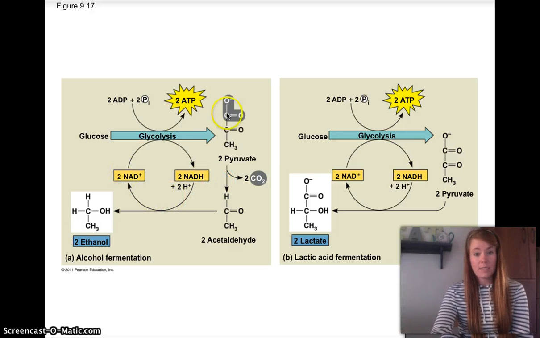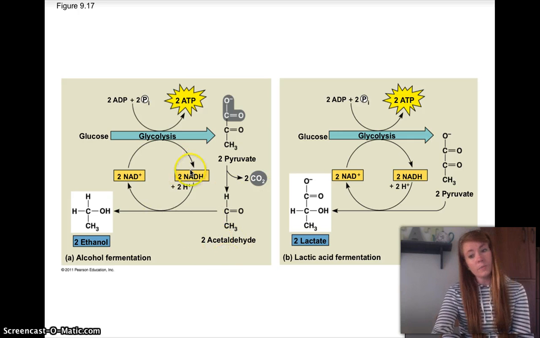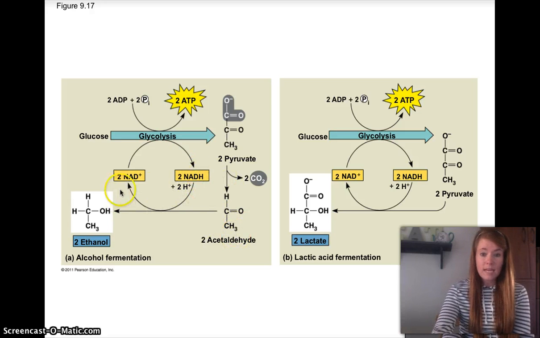So what happens is pyruvate is converted into this molecule called acetaldehyde, and carbon is lost there in the form of carbon dioxide. And then acetaldehyde is reduced by NADH, so NADH gives its electrons to acetaldehyde. NADH becomes NAD+. It was oxidized. It gave away electrons, so it became oxidized.